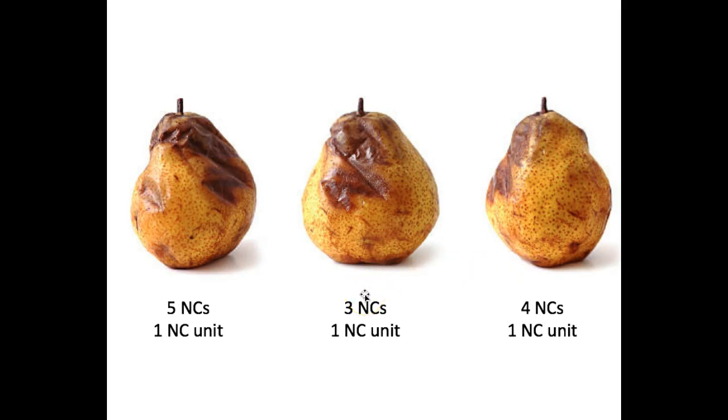So let's take a look at how that data goes into our separate attribute charts. And just as a quick refresher, P and NP charts look at the nonconforming units. C and U charts look at the total count of nonconformities. So top row here is for C and U, bottom row, P and NP.